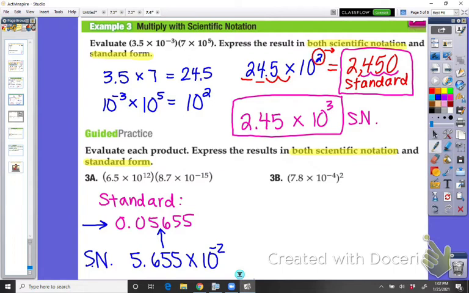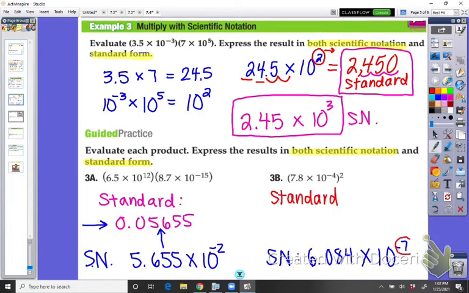So this time the calculator gave me scientific notation first, which was 6.084 times 10 to the negative 7. And if I go to standard, because it's to a negative power, we need to go to the left 7 times.